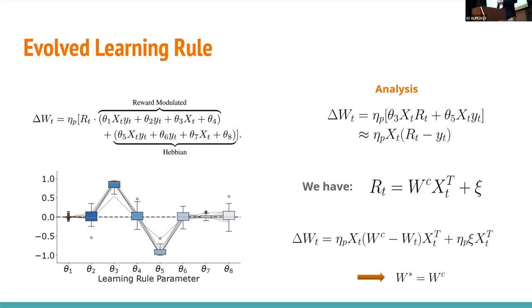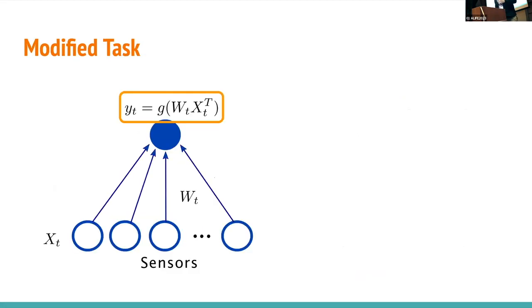Now, after that, we thought about modifying the task a little bit to see how different the emerging learning rules would be. So what we thought is that an agent in a real system only needs to know whether it has to eat or not to eat a food item. So it doesn't need to predict exactly its value.